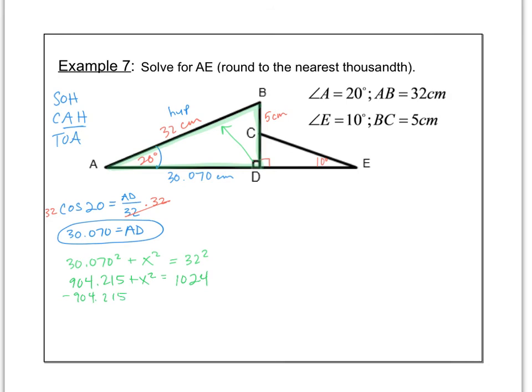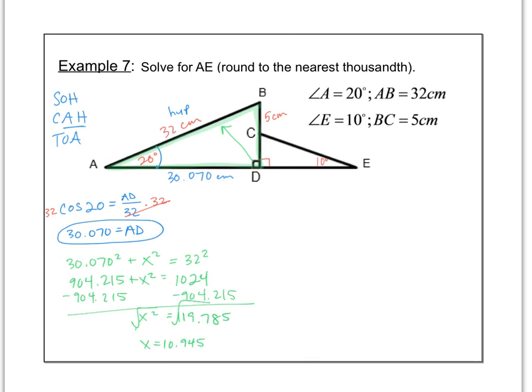I try not to round until the very end if possible, so leave it in your calculator as long as you can. So 1024 minus 904.215 is 119.785. And then you have to square root. And when you do that, you should get about 10.945.